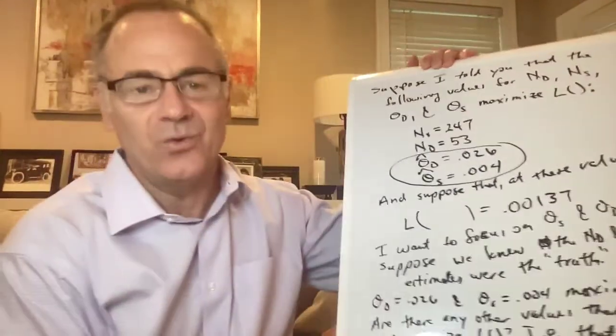There's no unique set of thetas that maximize the likelihood function. So that means we have an identification problem. And so we say we cannot identify theta s and theta d.